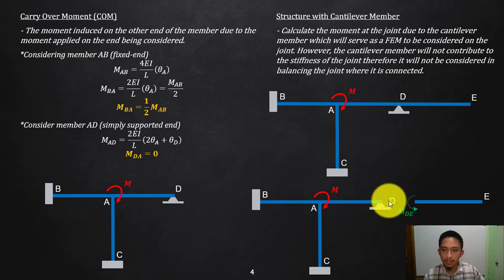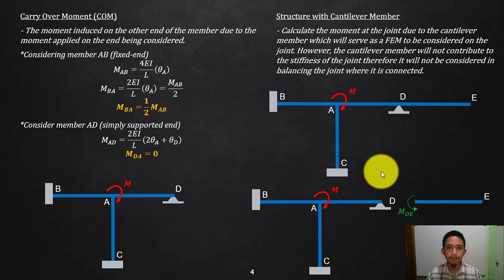That will serve as additional fixed end moment on joint D, but again, I am trying to make this clear: the cantilever will never help in resisting the excess moment at joint D. I will explain that further later on.